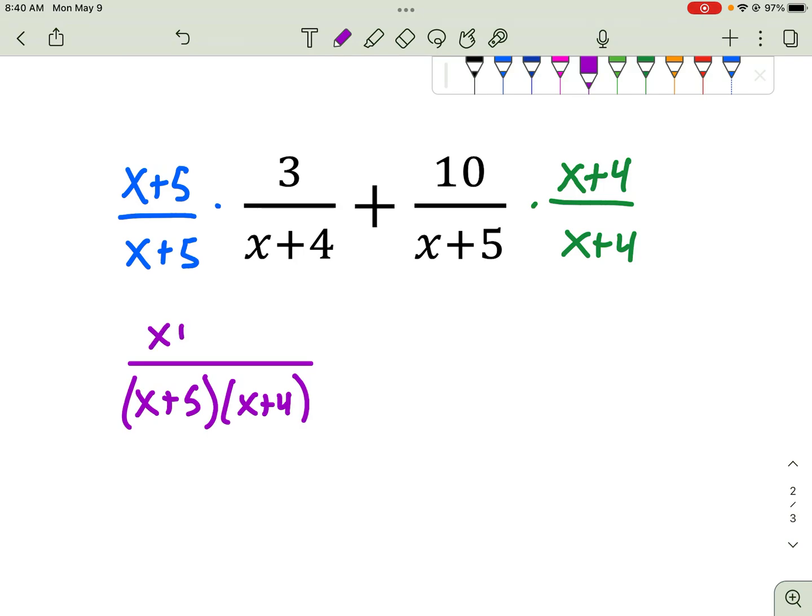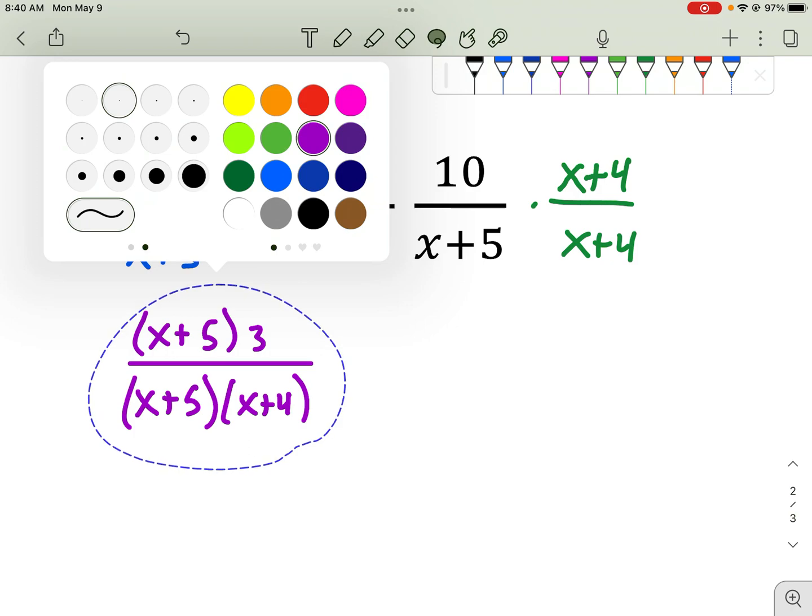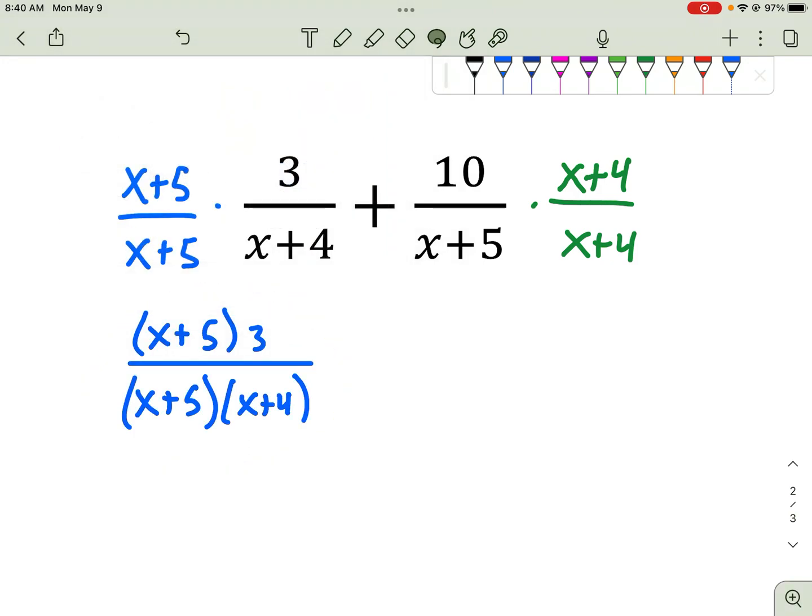And the top for now is x plus 5 times 3, and then plus 10 times x plus 4. And yeah, you could write this 3 over here, it doesn't matter. You could switch the order of these two things. Like x plus 5 could be on this side if you really wanted it to be.